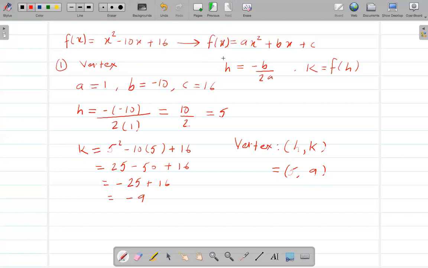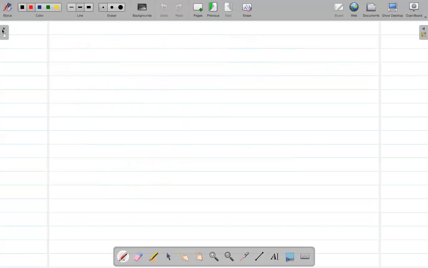Okay, so now the next one, we're going to find the x-intercept and y-intercept. So first, we need to find the x-intercept. Let's find the y-intercept, doesn't matter. So to find the y-intercept, the x value is always 0.